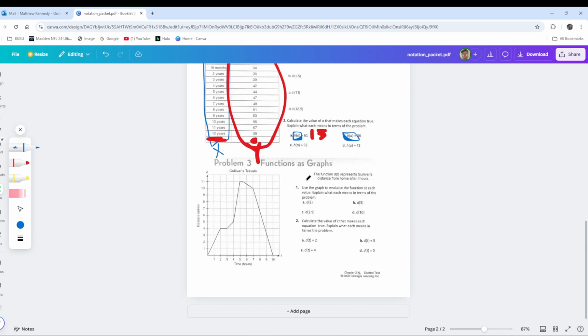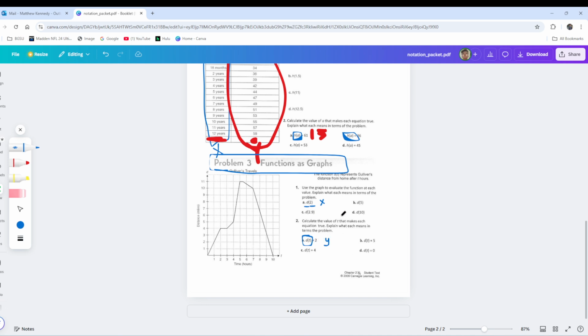Last thing I'm going to say here is if we go down to problem 3, functions with graphs, same thing. I have a letter and a number, that's my x. I have two letters, that's going to be my y. Down here, my y is 2.